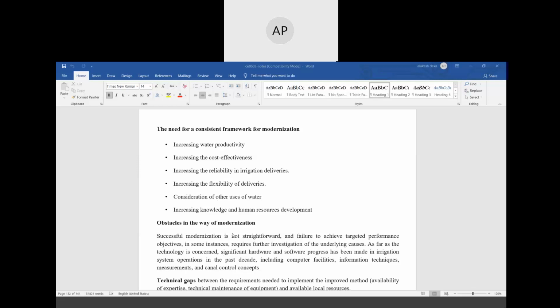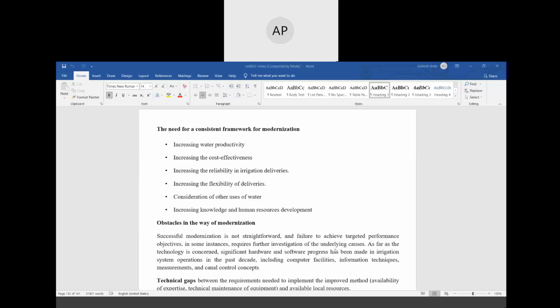Obstacles in the way of modernization. Successful modernization is not straightforward, and failure to achieve targeted performance objectives in some instances requires further investigation of the underlying causes as far as the technology is concerned.